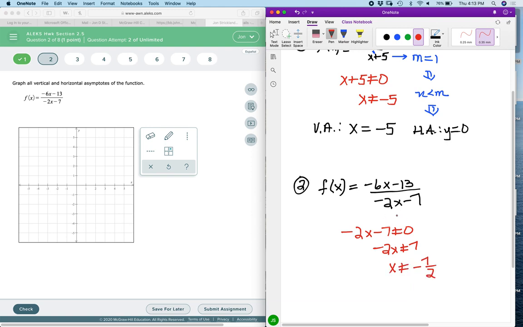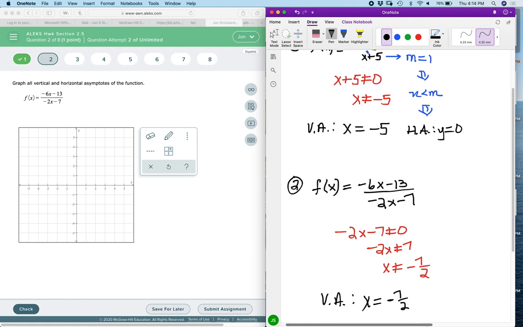Since negative 2x minus 7 is not a factor of the numerator, this expression is already in simplest form, so the vertical asymptote is where this exclusion is, x is equal to negative 7/2.